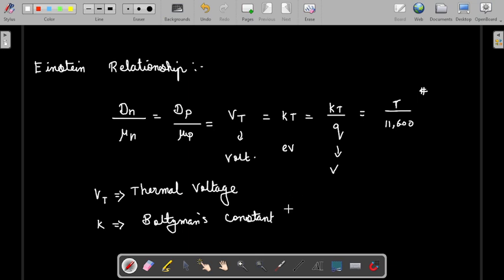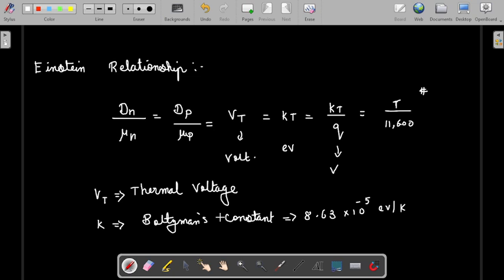D and mu are related as you know. The K value is equal to 8.63 times 10 to the power minus 5, and the unit is eV divided by Kelvin. The remaining things you already know.